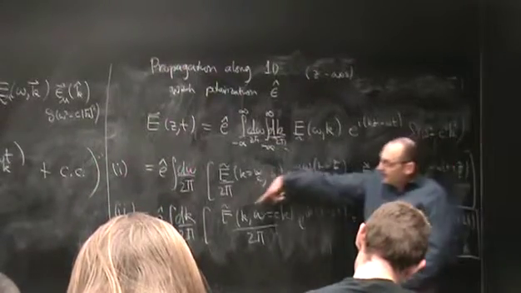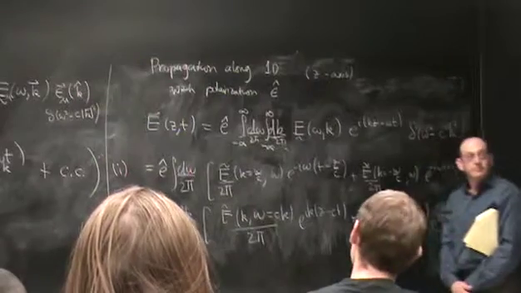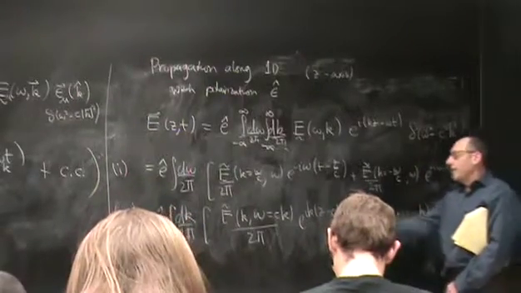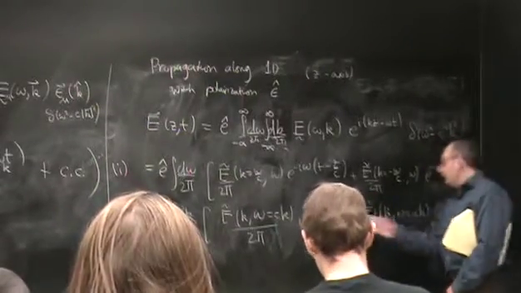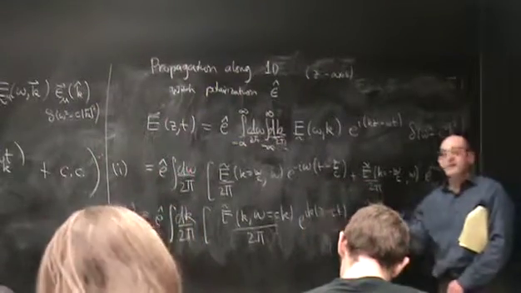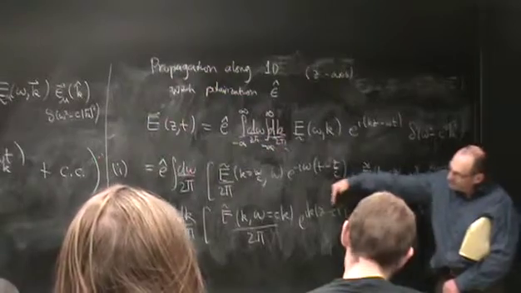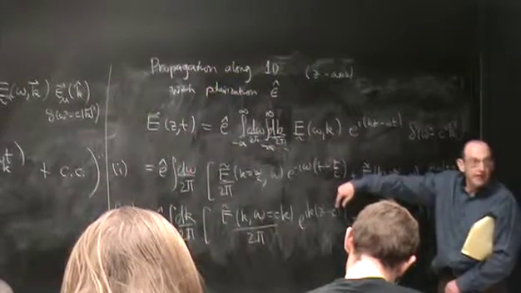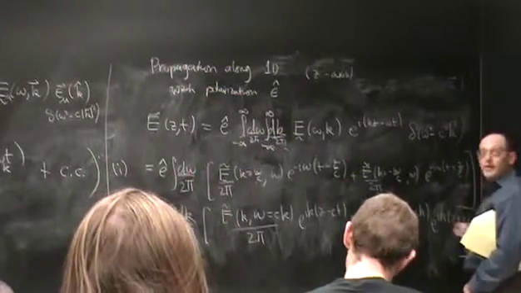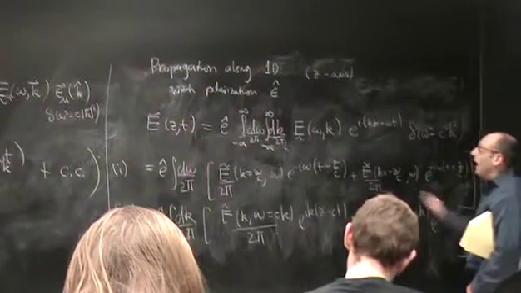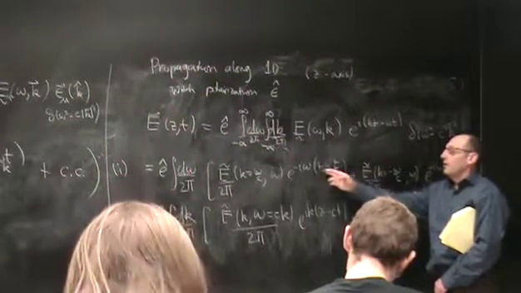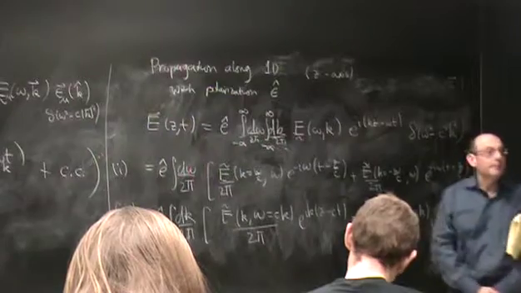Or I have some function of k and something that propagates me forward or backward along the z-axis. This is a propagation that takes z to different z's depending on the time. And this goes backward the other way. And in this case, I go forward or backward in time.